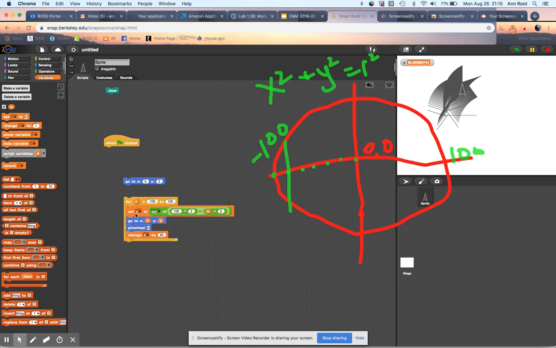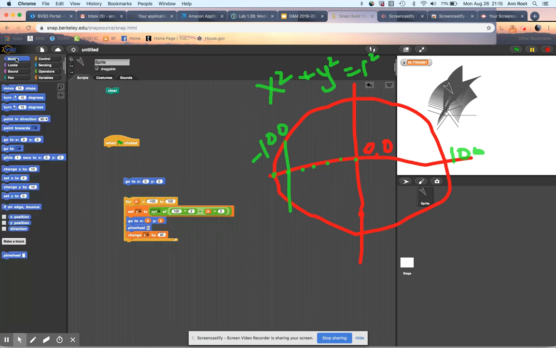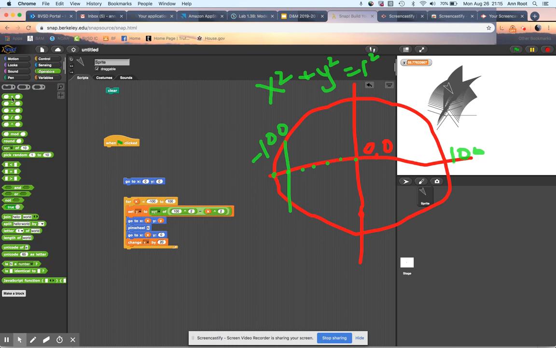So now I've got that. I want to duplicate some of this stuff. Oops, I don't want to start it, I want to stop it. Okay, so now I'm going to duplicate. I'm actually going to want to do one other thing before I change that. I'm going to go to X, but now I'm going to go to the negative Y location.